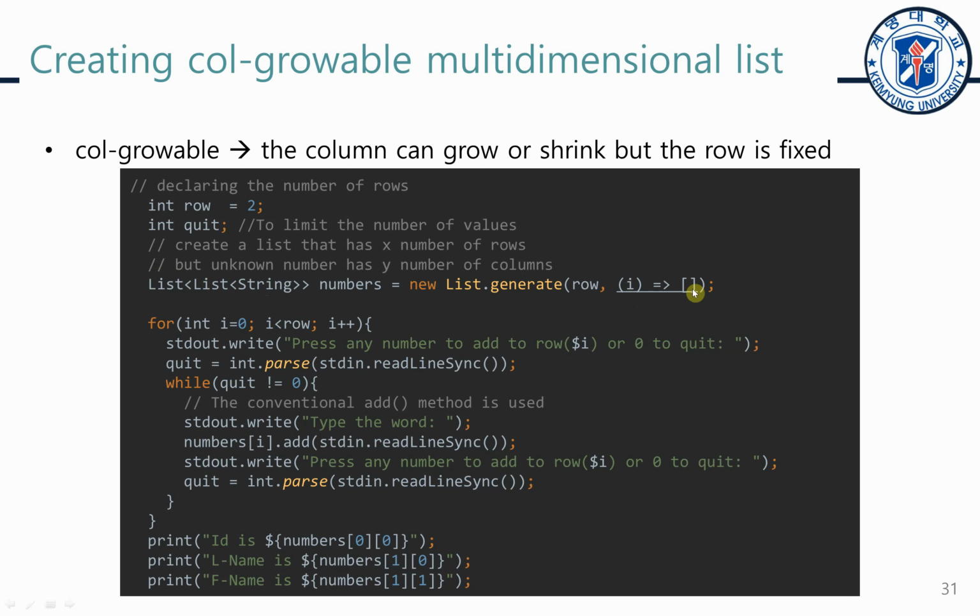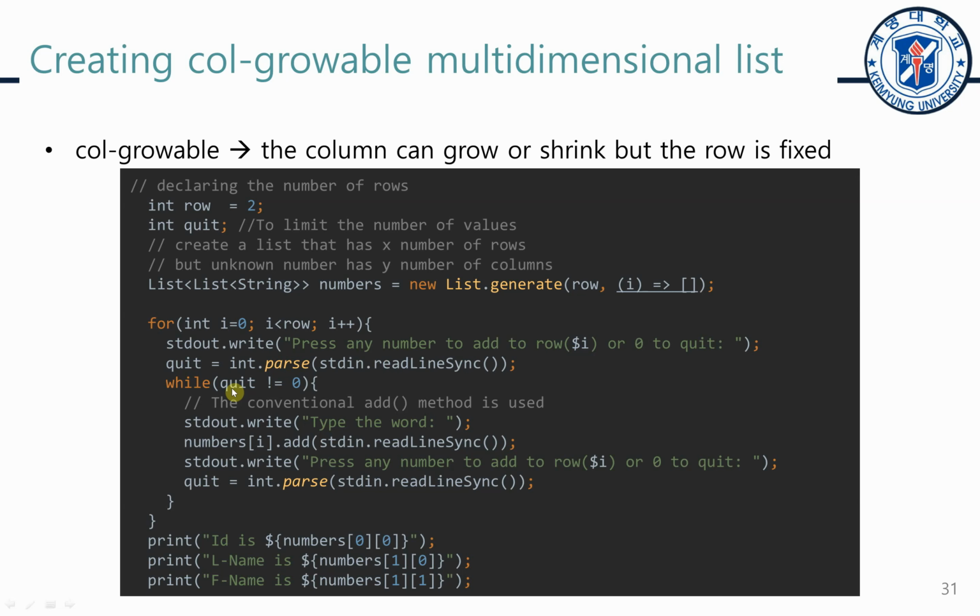So we leave it as an empty list, and then we can use such statements. For instance, here in this case we use a combination of for loop and while loop. The reason we use a combination of for loop and while loop is that the number of rows is determined. We have 2 rows, but the number of columns is not known.